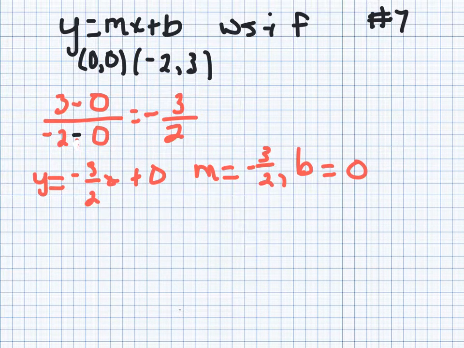Gonna get rid of that. Okay. And I end up with -3/2. I plug into my equation of the line. Y equals -3/2x plus 0. M, my slope, is -3/2, and the b, the y-intercept, is 0.